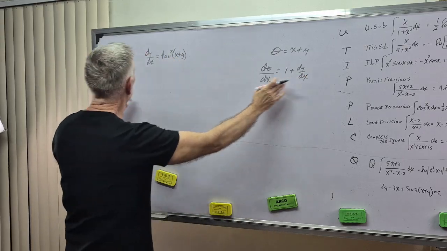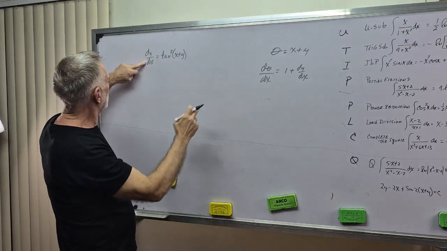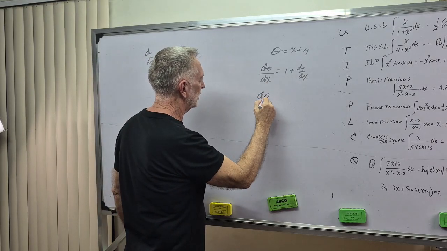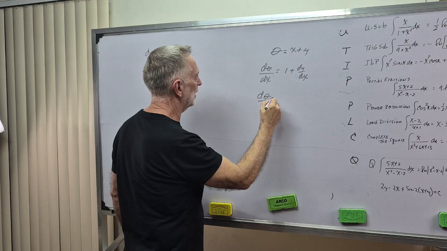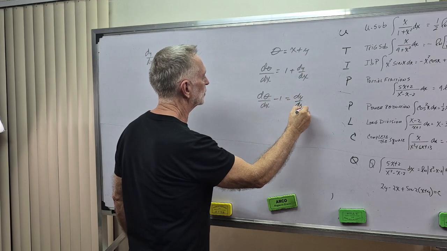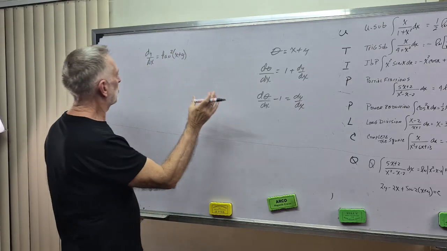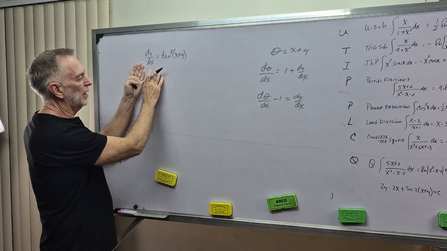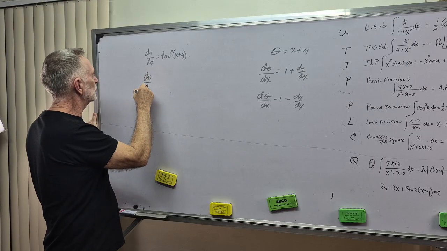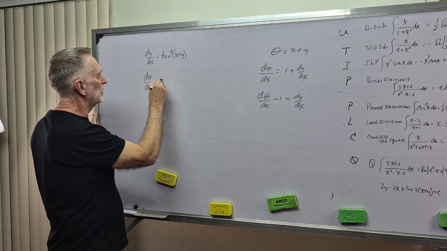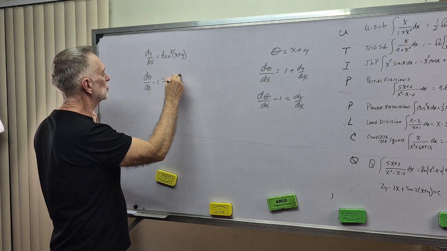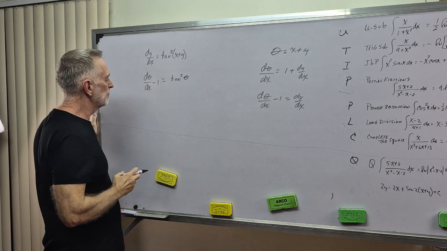Now you'll notice I have a dy dx there and a dy dx here. So let me subtract 1 from both sides: d theta dx minus 1 equals dy dx. So I'm going to replace the dy dx with d theta dx minus 1, and that equals tangent squared theta.